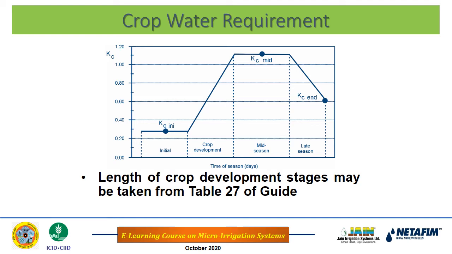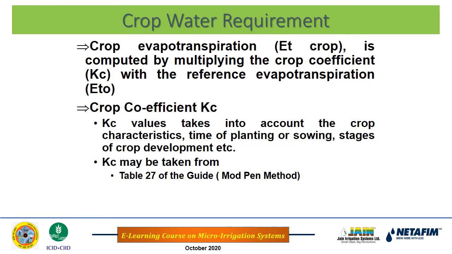estimating crop water requirement provides the value of Kc at different crop stages for different crops, so that can be used for computing crop requirement. Then crop evapotranspiration is computed by multiplying crop coefficients with the reference evapotranspiration, as we have already discussed in detail.